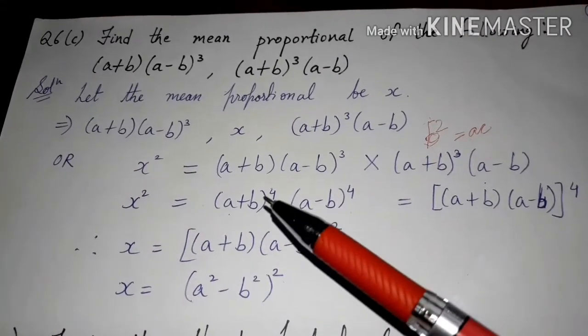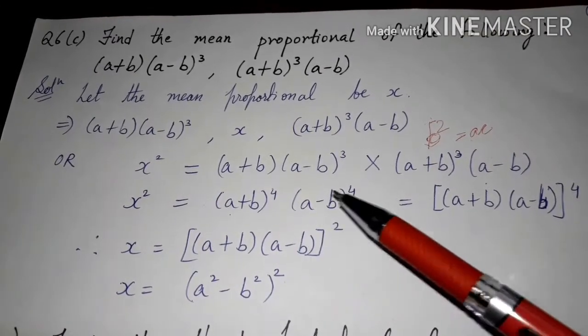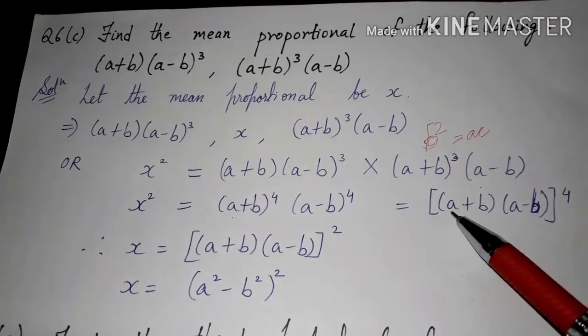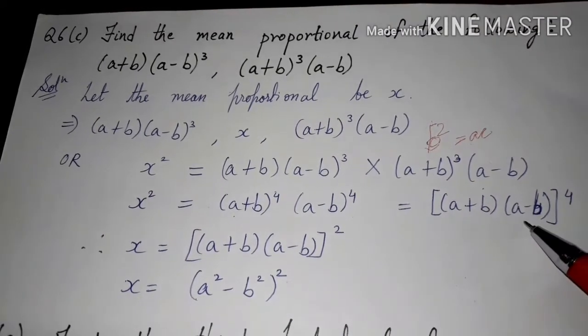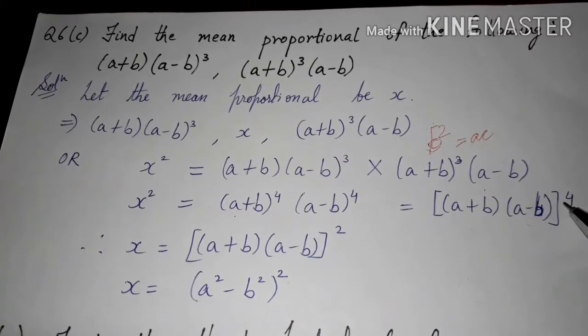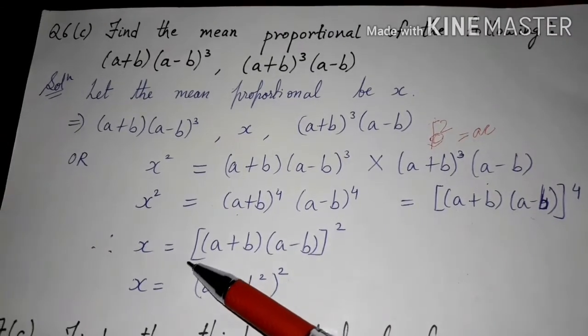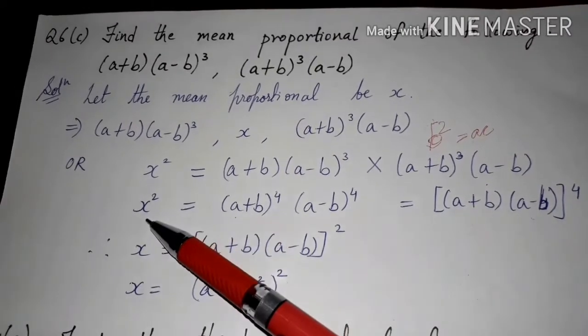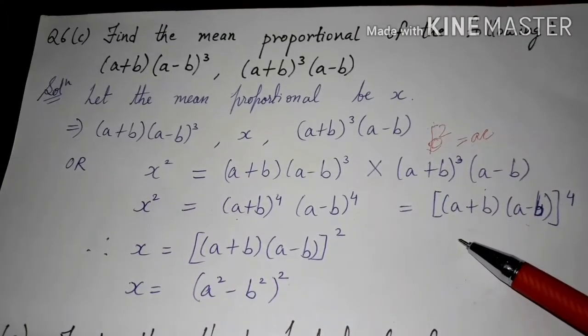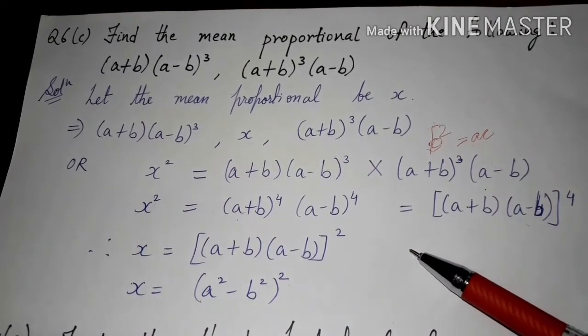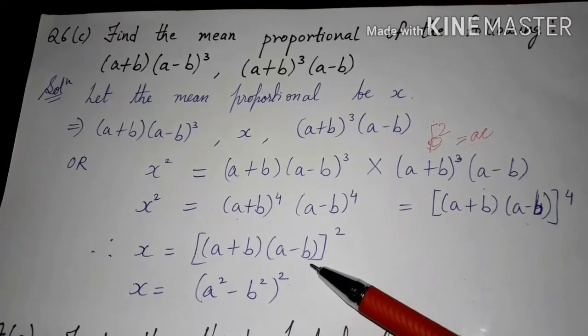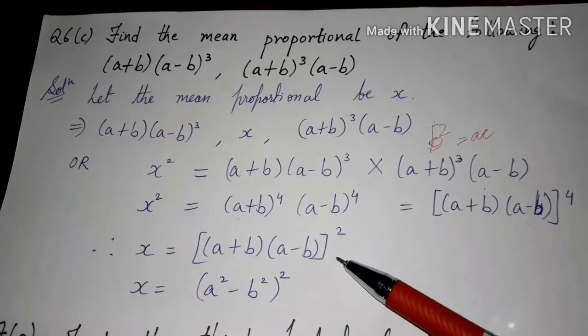Now we know that this can be written within one single bracket. It can be written as a plus b, a minus b whole to the power 4. Now if we take the square root of this and this, we'll be getting x is equal to a plus b, a minus b whole square.